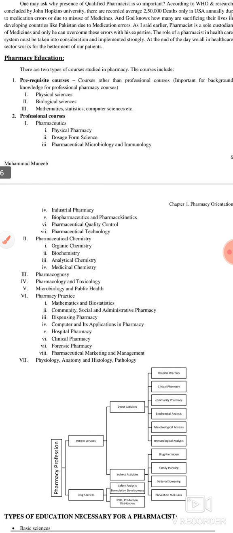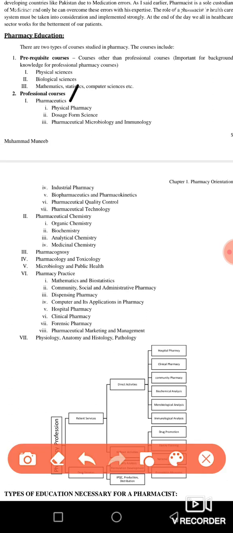Now what are the professional courses? The professional courses are pharmaceutics. In pharmaceutics we include physical pharmacy, which is our subject today, then dosage forms, pharmaceutical microbiology and immunology, industrial pharmacy, biopharmaceutics or pharmacokinetics, pharmaceutical control, and pharmaceutical technology.